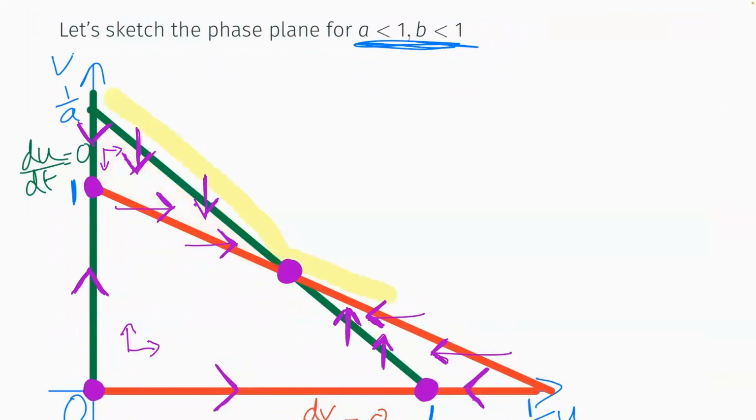We now think about this region up here. If I'm moving clockwise, if I go through this green diagonal nullcline, I now must be moving down and to the left. And then this bottom region, the last one, I must be moving up and to the left.